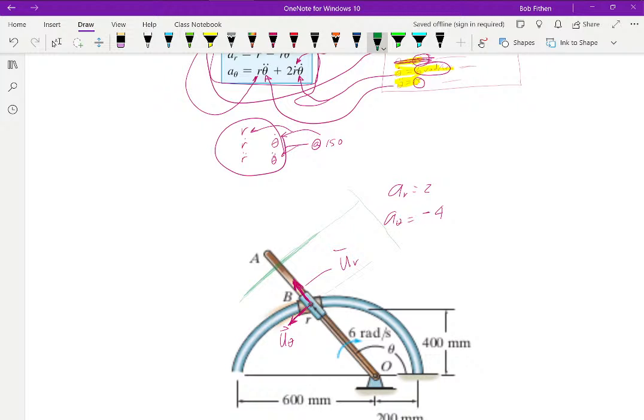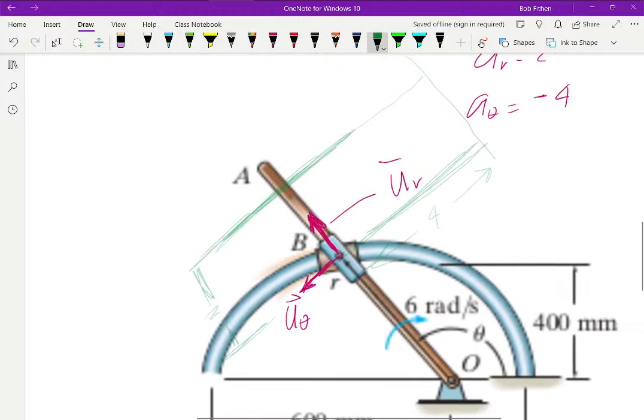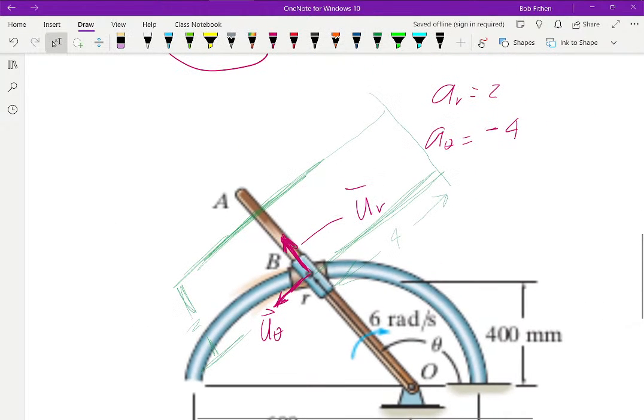So this would be 4, and this would be 2 from here to here, and with those 2, your vector would look like this. It'd be a straight line, but it would look just like this.